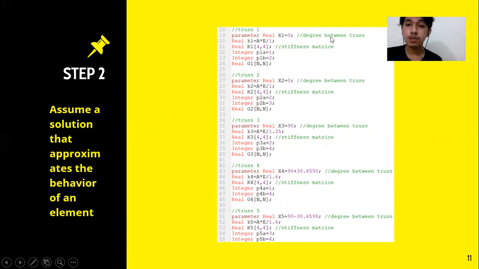It is a degree between truss, so it is explained about the stiffness of matrix, and then in truss 2, for example, the degree is also 0, and then in truss 3, the degree is 90 degrees. The truss 4 is these written degrees, etc.